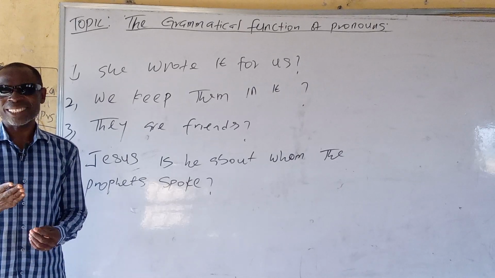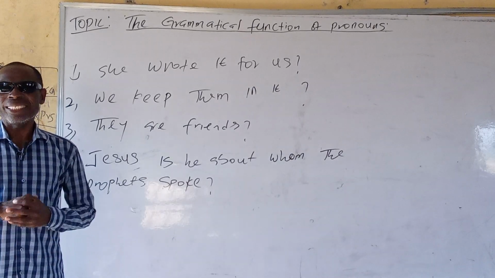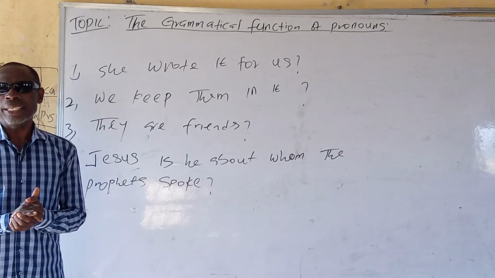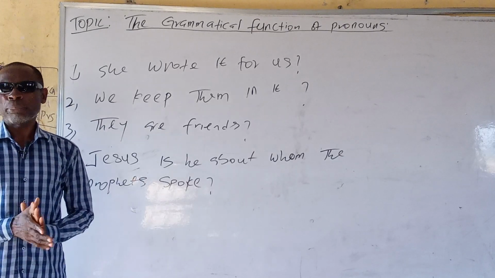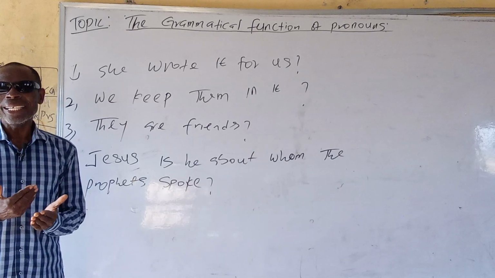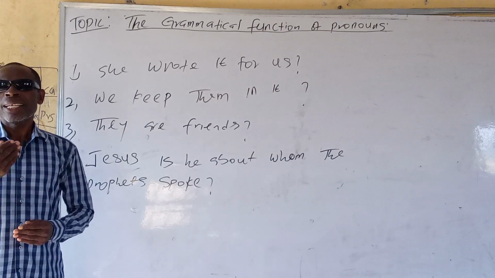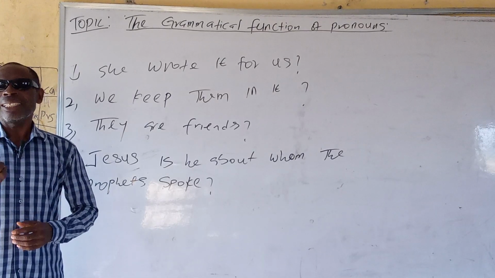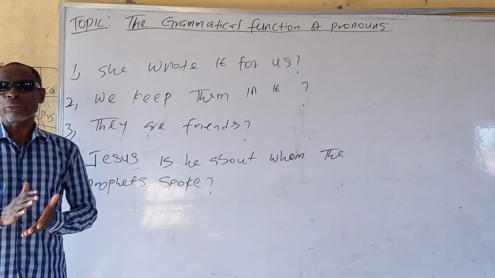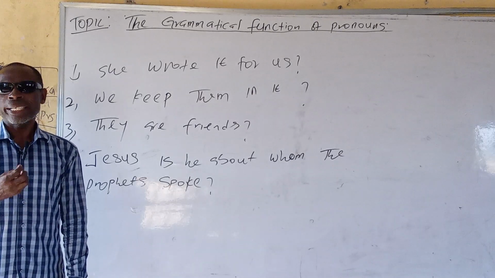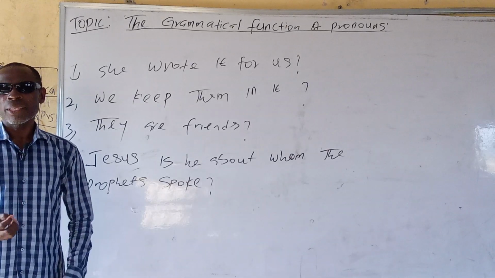If we were asked, what is the grammatical name of us in sentence 1? Our answer would be personal pronoun. What is its grammatical function? We will answer that it is the object of the preposition for. Sentence 2, we keep them in it.